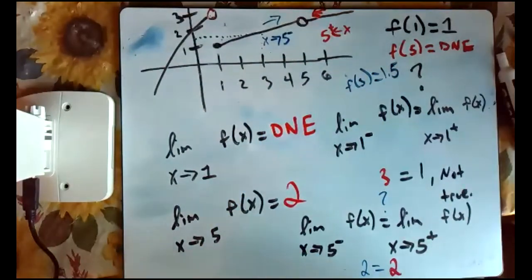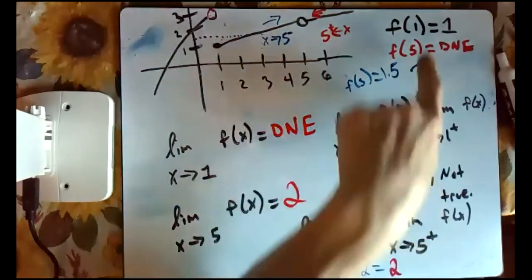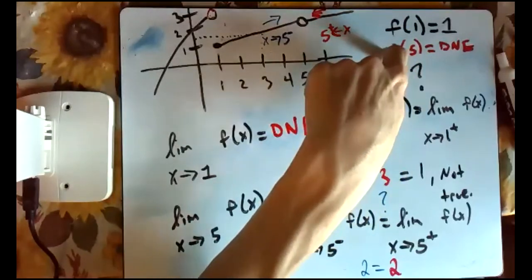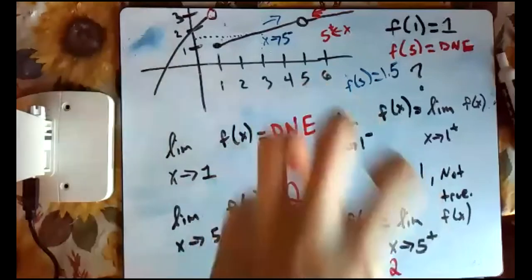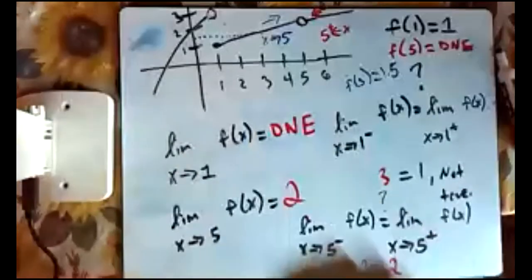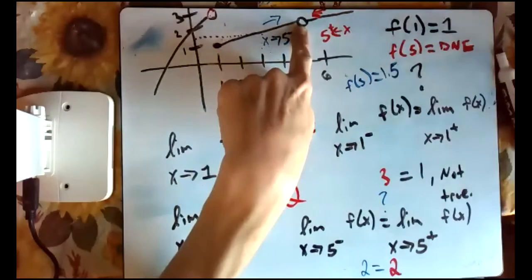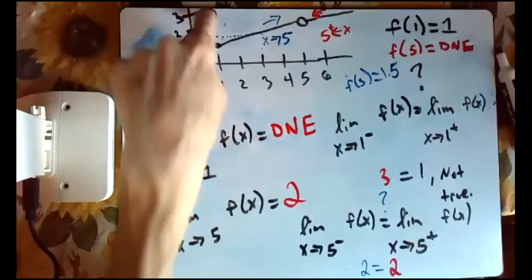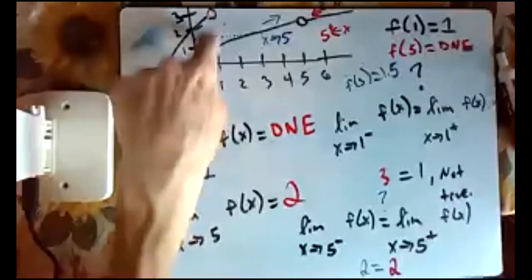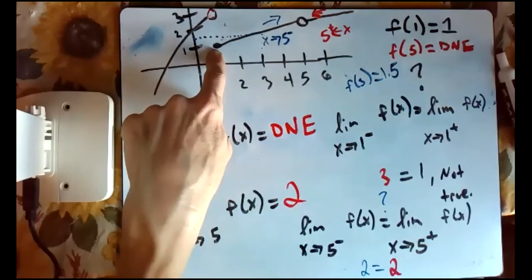But remember, limits are about the journey as you walk towards that number from the left and from the right. When you are evaluating functions, it's almost as if saying when you are equal, like if you could physically land on top of that step, what would your y value be? Open circles, you would just fall through, does not exist. If you have a solid circle at that particular x value, that's the y value that it's equal to.